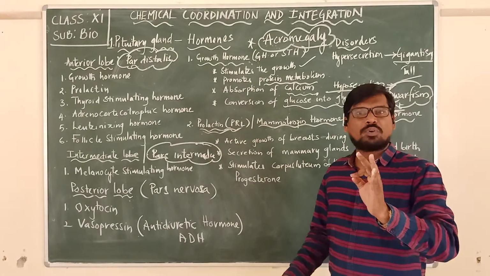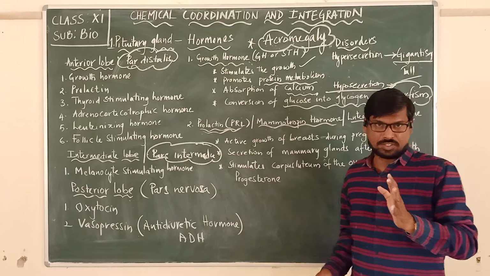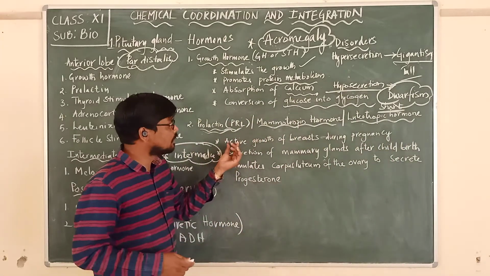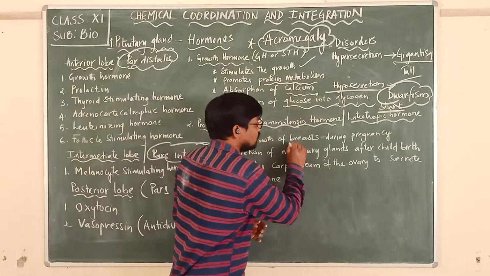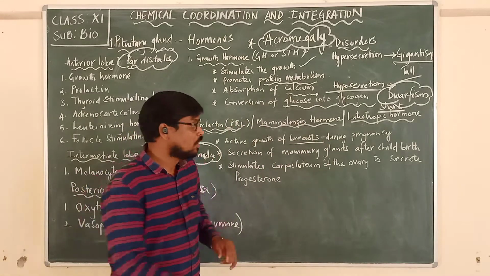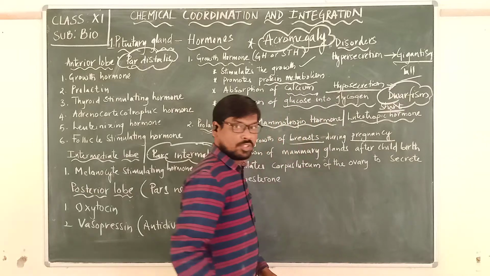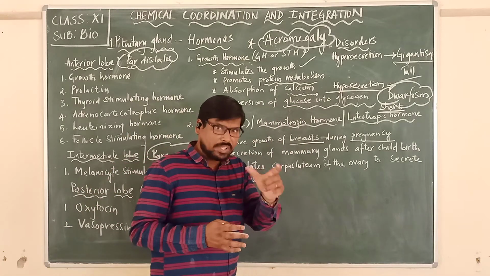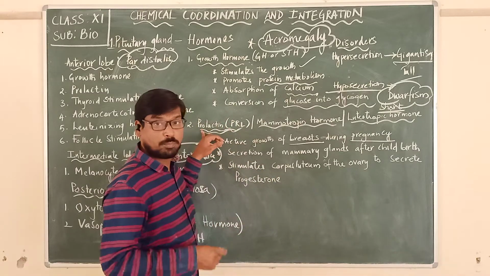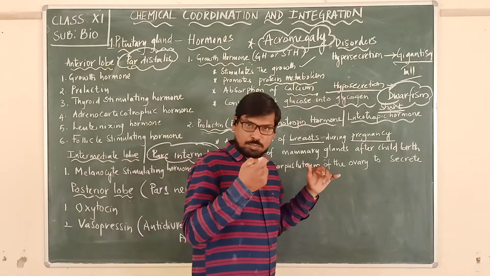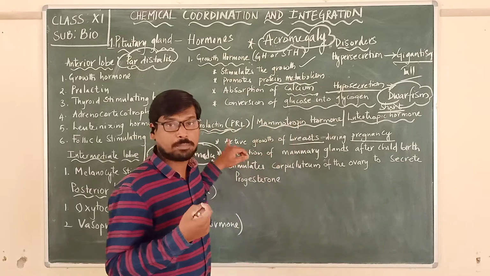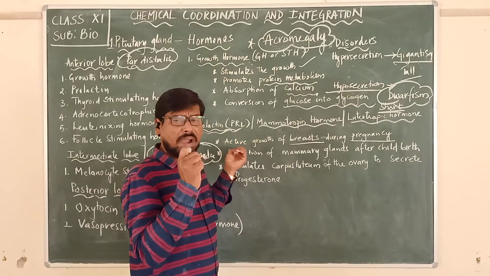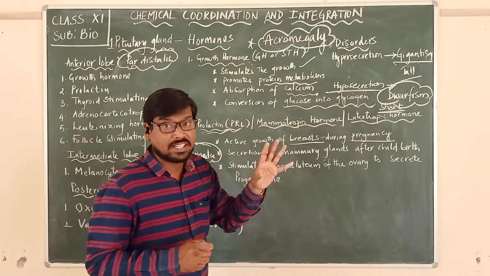The prolactin hormone will not be synthesized in the males, because prolactin helps in active growth of breast during the pregnancy time. So when a woman is pregnant, this hormone prolactin will be released in small quantities. Already we said that hormones are produced in trace amounts, so this will be produced in very minute quantities, which will stimulate the breast.